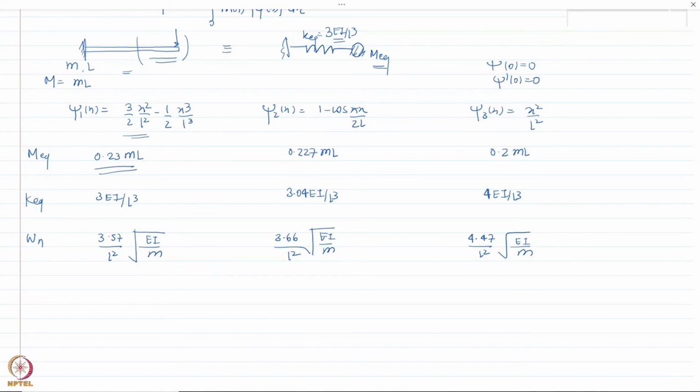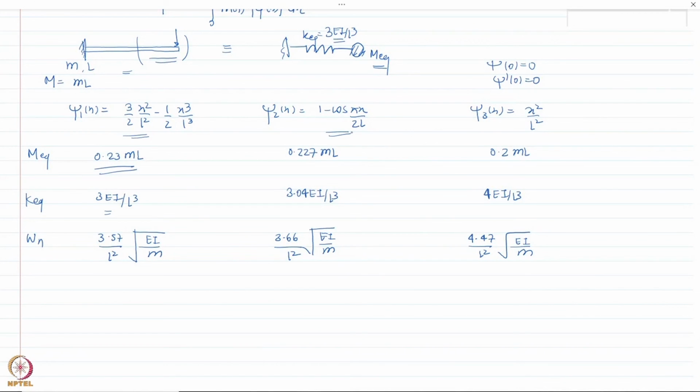And the K equivalent that we get is actually 3EI by L cube, which is expected because we had assumed the static deflected shape to be the shape function in this case, and for the static deflected shape, the equivalent stiffness is actually 3EI by L cube. For the second case, this is again any arbitrary function to represent the deflected shape.